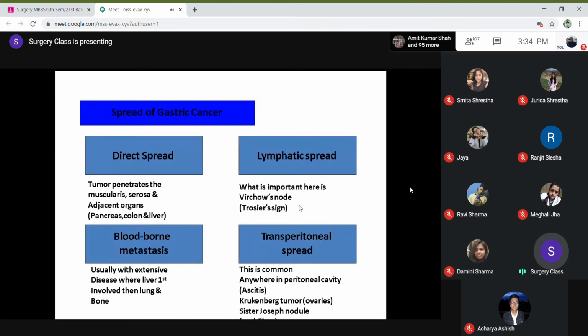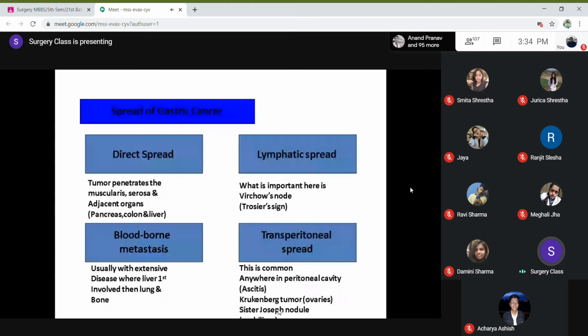Okay, and as you know, since it is a vascular organ, you will get blood-borne metastasis, and you will get a transperitoneal spread. Transperitoneal spread: if it gets deposited into the bilateral ovaries, it is also known as Krukenberg's tumor.